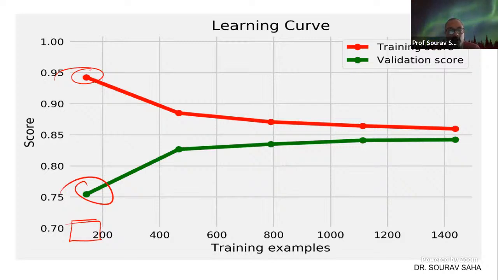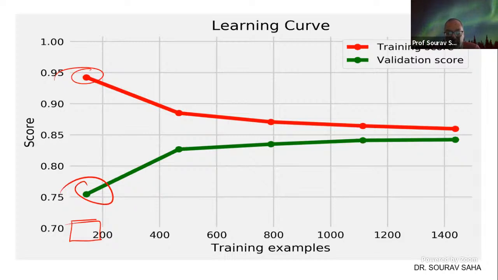While on the validation data, the performance is on the lower side. That happens for these cases where the number of training examples is low.